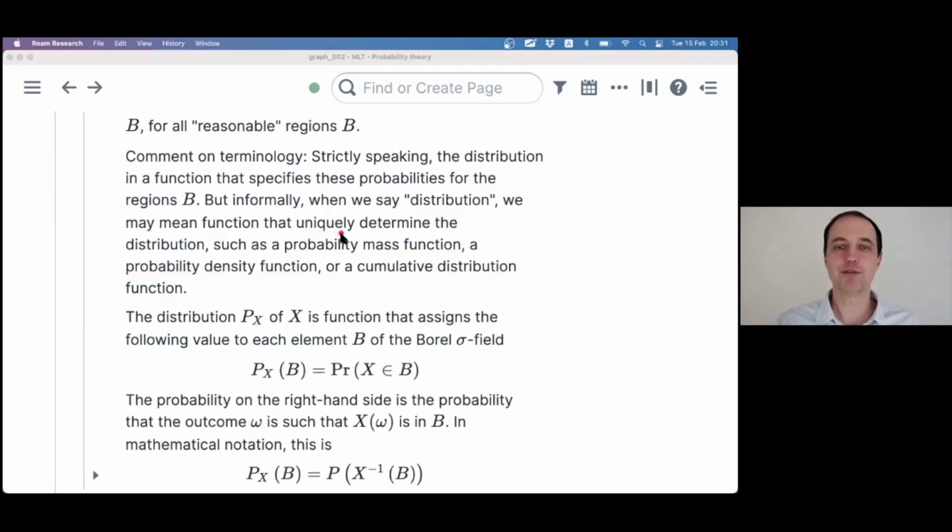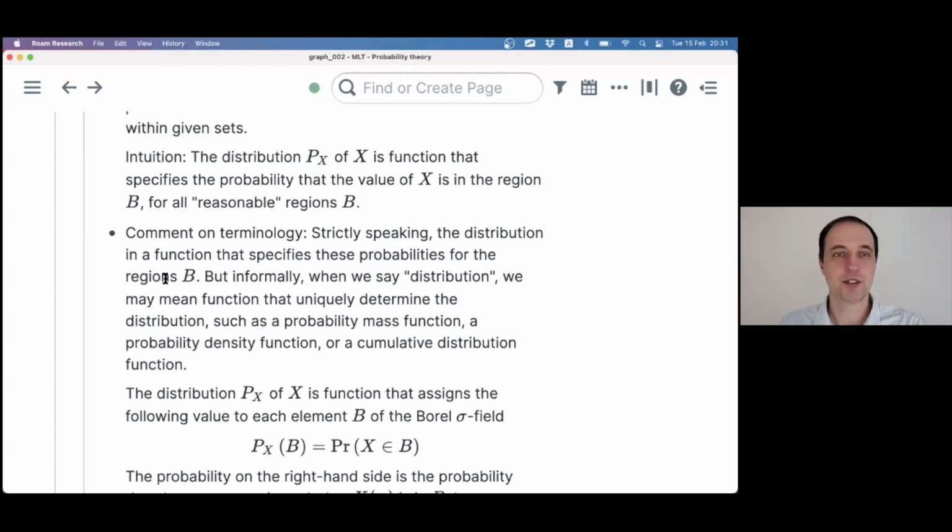So if you give me the CDF of some variable, then I will be able to tell you what this function Px is. But technically, the distribution is supposed to be a distinct concept from the CDF or the PDF or the probability mass function. When I say distribution, I can mean all sorts of things, but strictly the definition really is supposed to be this function Px. So any more questions about this?